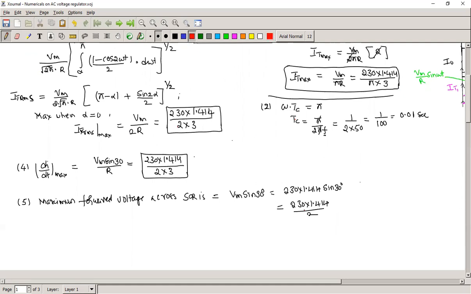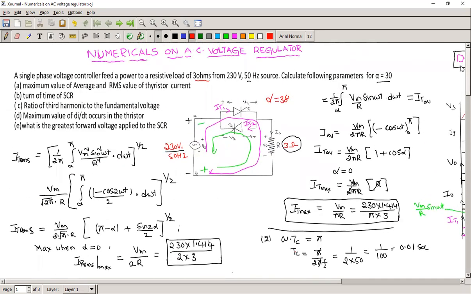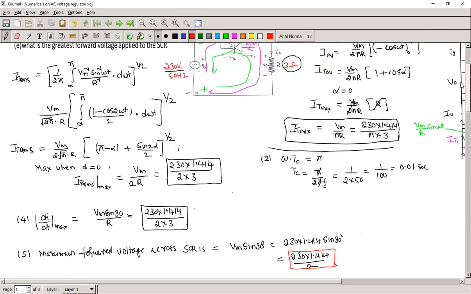Solve this one, and we get the maximum forward voltage across the SCR. So with this, except the third bit that we are going to see in the next lecture, we solved all the points which are asked. All points were calculated. Next, we will switch over to the next numerical.